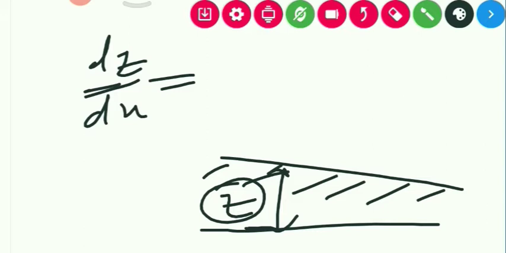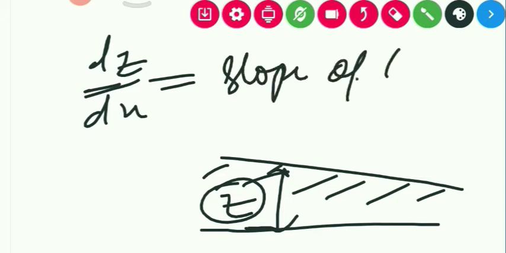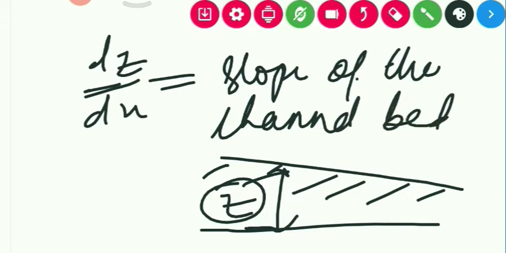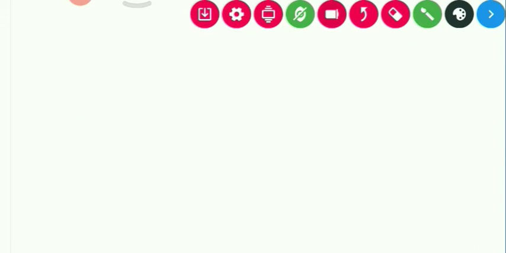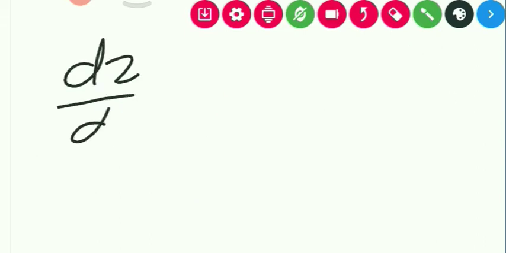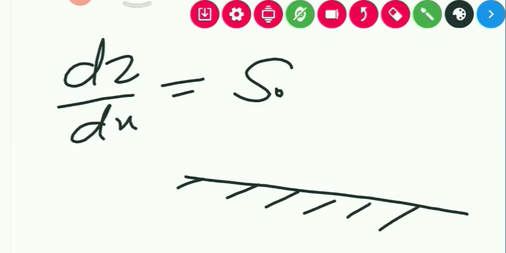Okay, this is the slope of the channel bed. Okay, so the slope of the channel bed can be written as S naught, and this bed is also decreasing along the direction of the flow. So here it is also written with a negative sign.